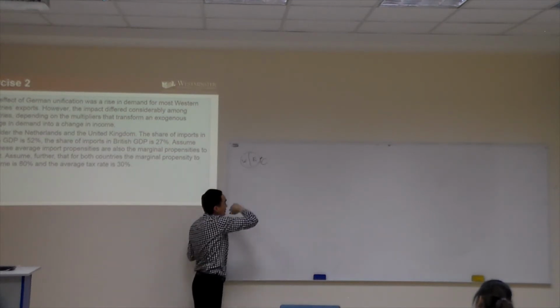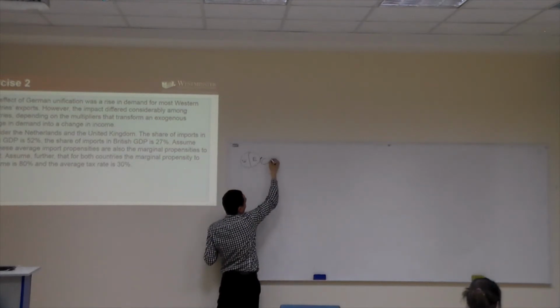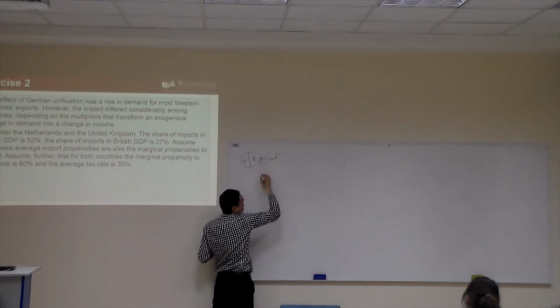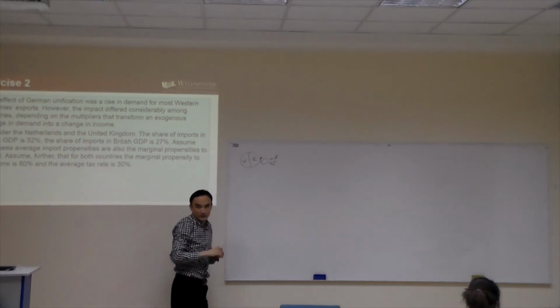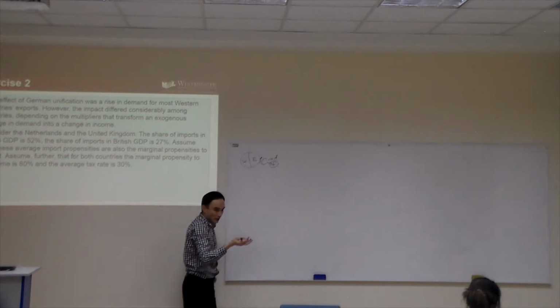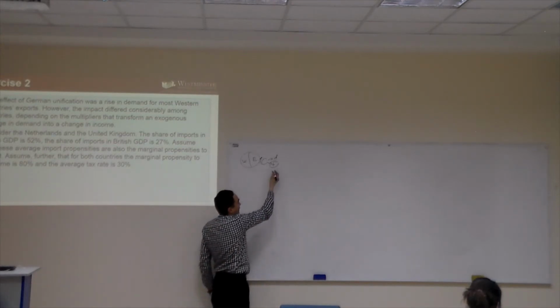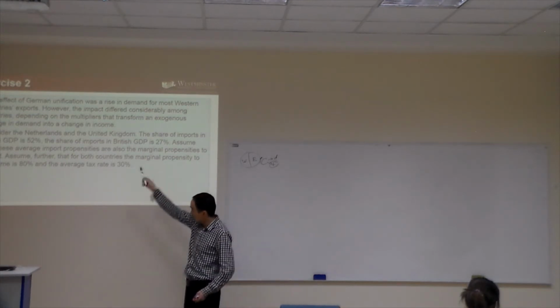Okay? Consumption increased. And that increase in consumption led to increased demand for domestic goods and foreign goods, for both. Which means that some other countries, most probably European countries, were exporting more to Germany because there is higher demand. So this is the case now.